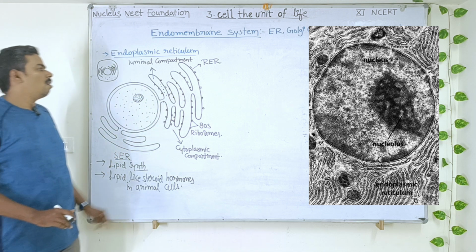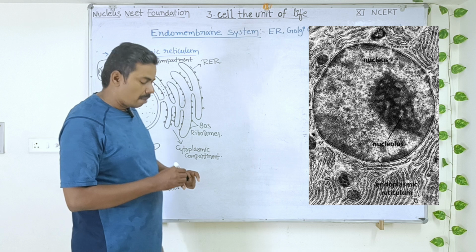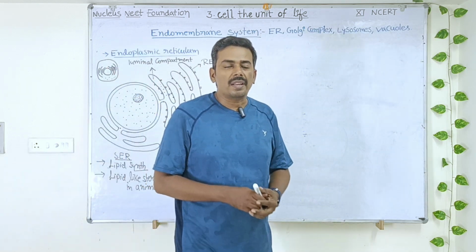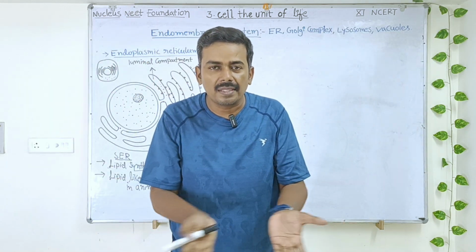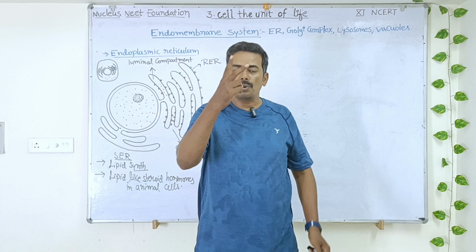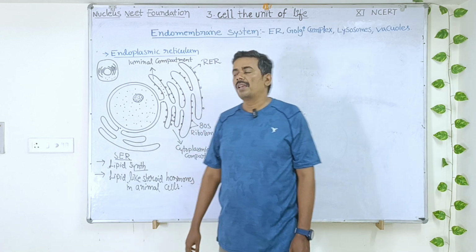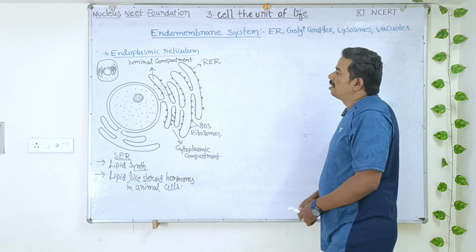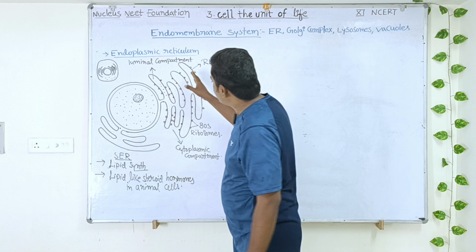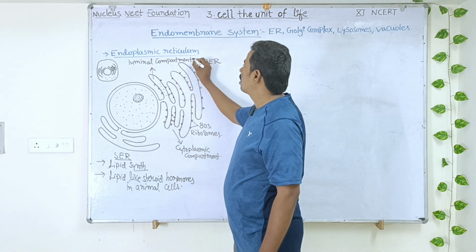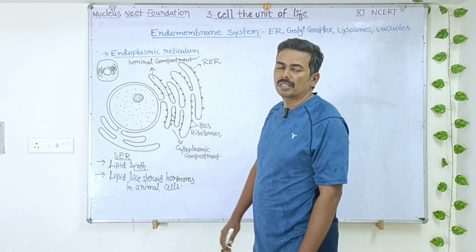Now the endoplasmic reticulum, the fine tubular network, divides the space inside the cell into two compartments. What are the two compartments? The space which is enclosed inside the ER is called the luminal compartment.